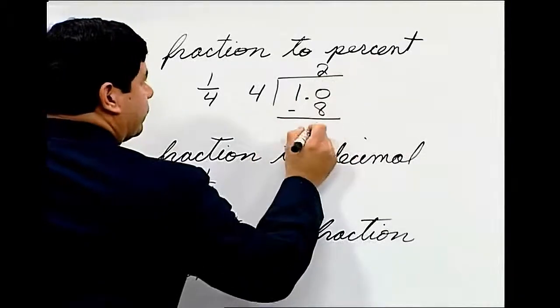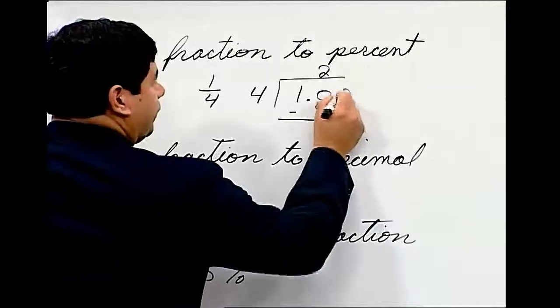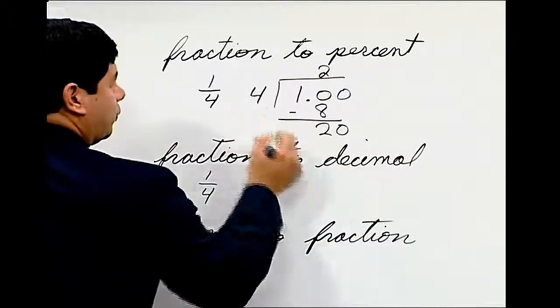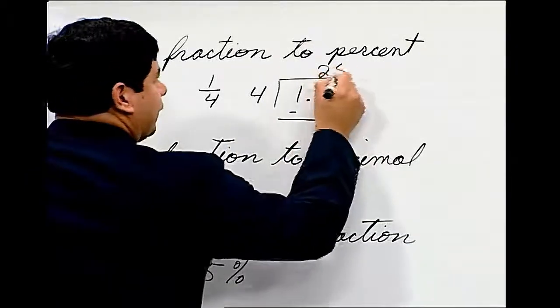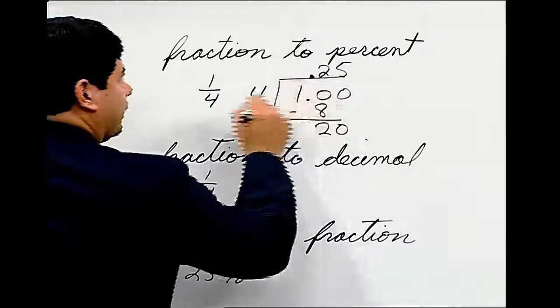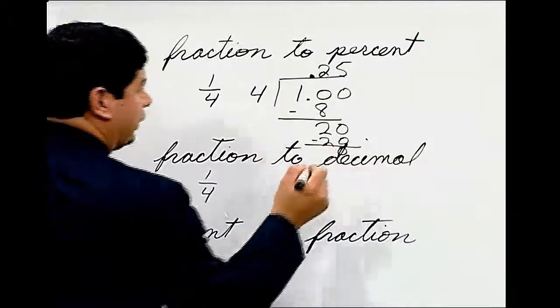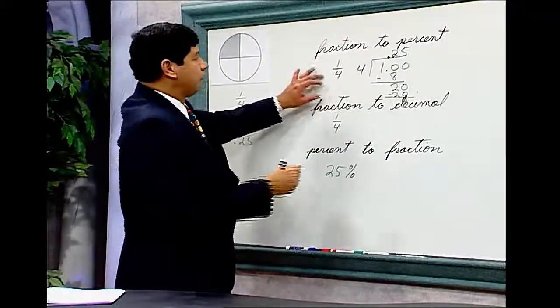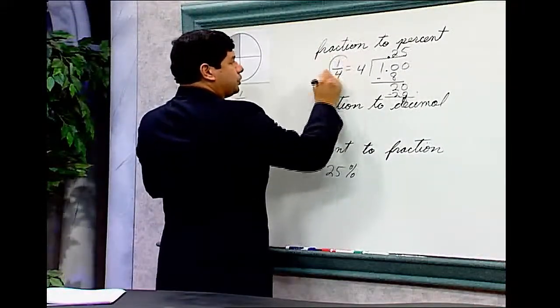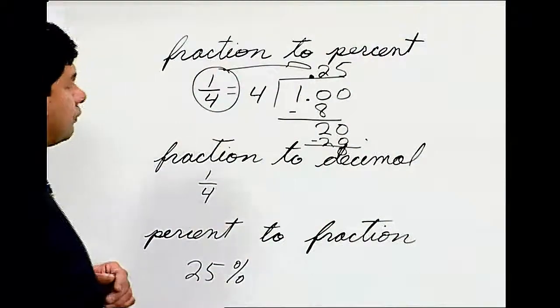Let us subtract, and we end up with 2. 0, and bring down our 0. 4 will divide into 20 5 times. Here's our decimal point. 5 times 4 is 20. Let us subtract, and we have 0. So 1/4 is equal to 0.25.